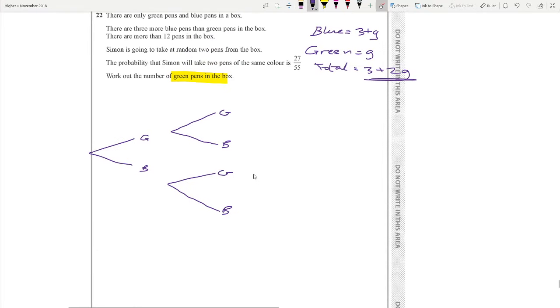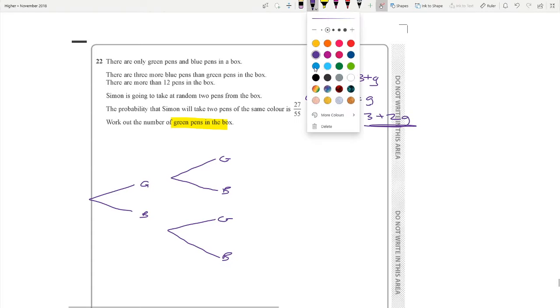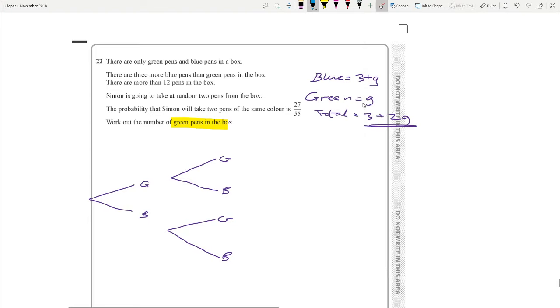Okay, now what's the probability of taking out a green pen? Well, how many green pens were there? I'll use a different color. There was G number of green pens, so it's going to be G over, in total how many pens were there? 3 plus 2G. So the probability of getting a green in the first pick is G over 3 plus 2G.